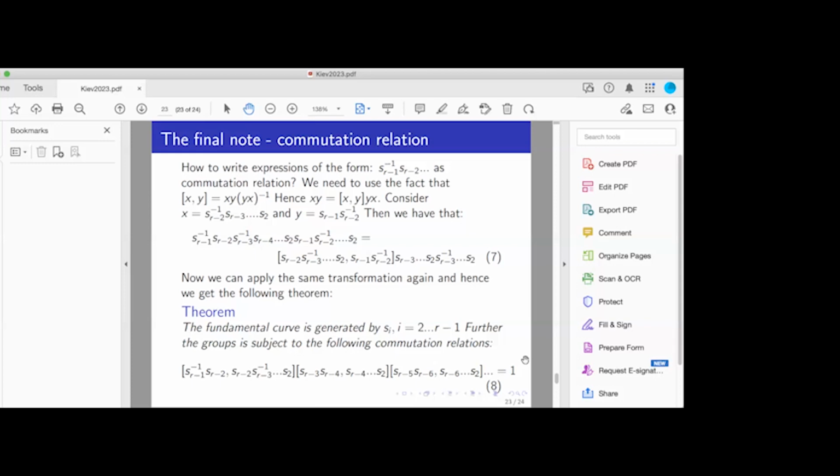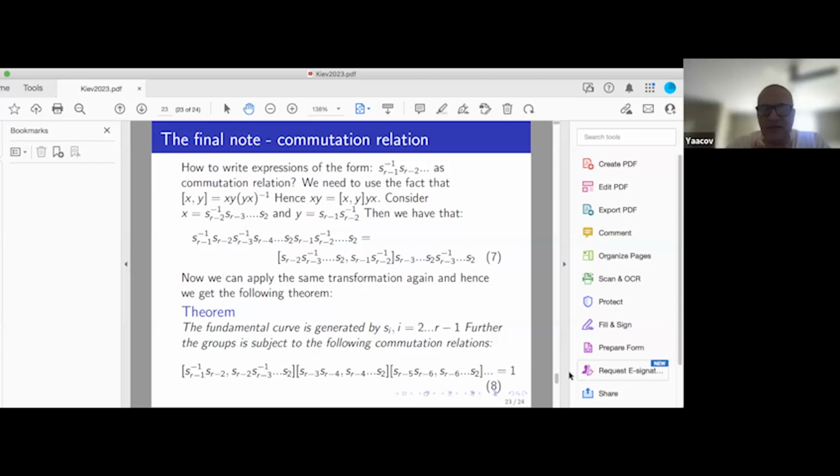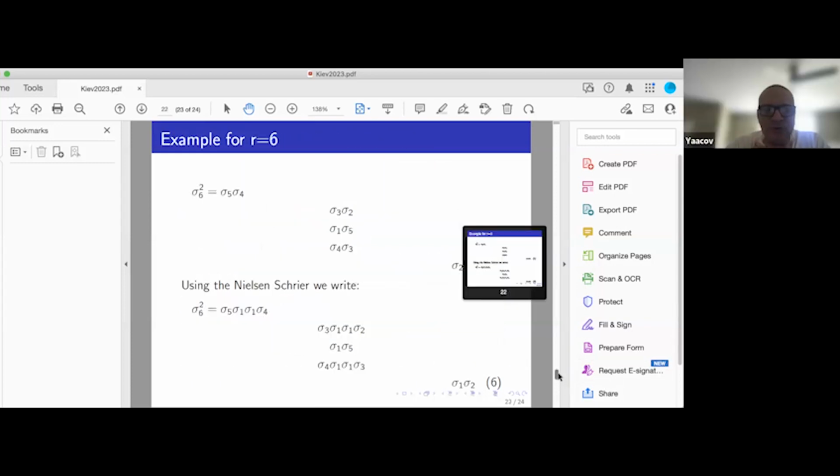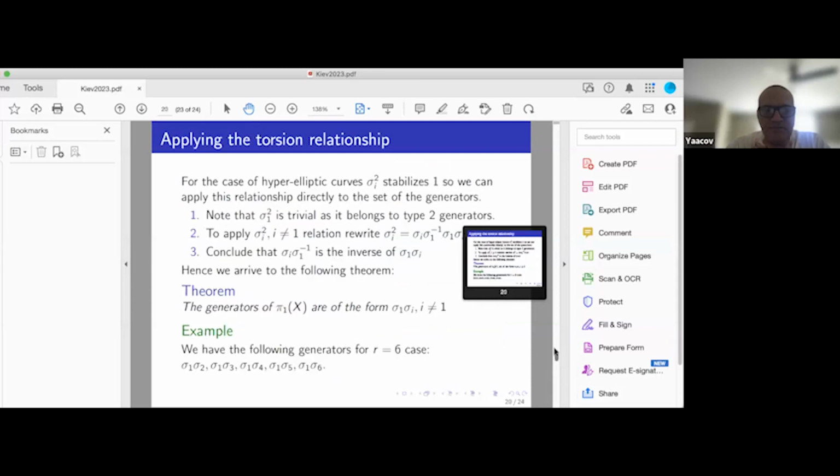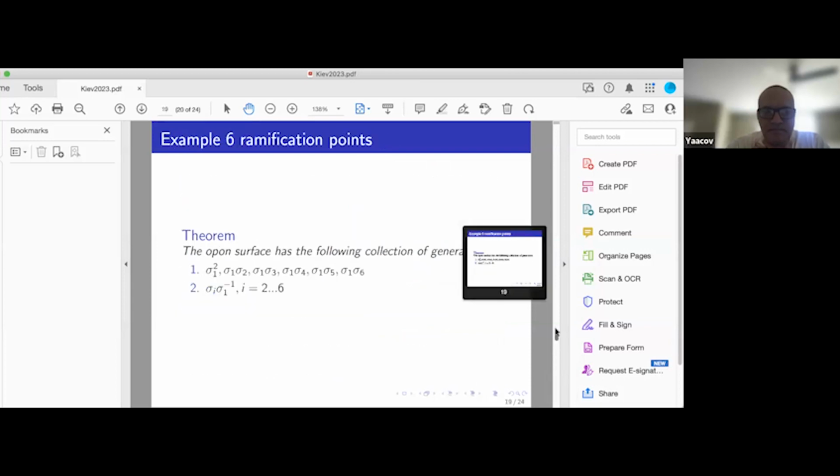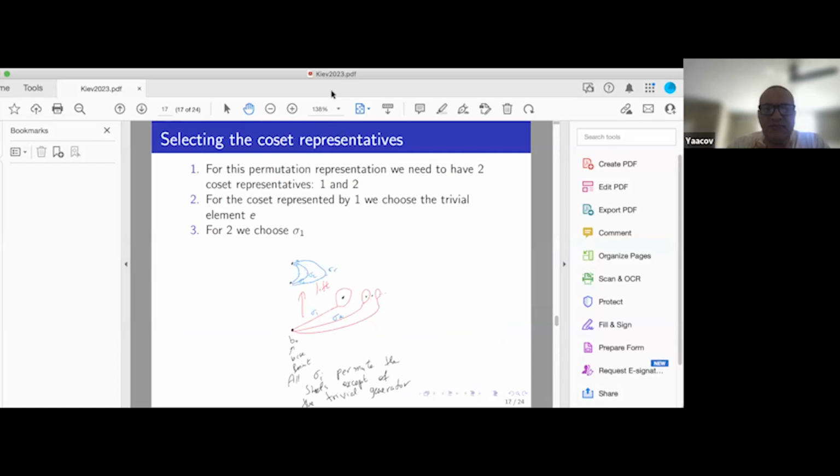So basically, when you have a homology basis here, if you look at the branch points, lambda 1 to lambda r, you ask yourself what happens if I swap the branch points.